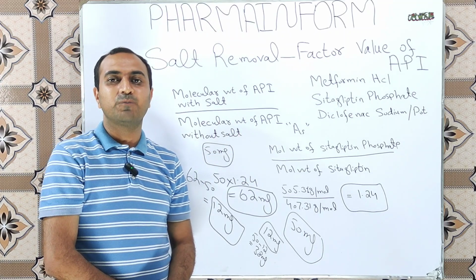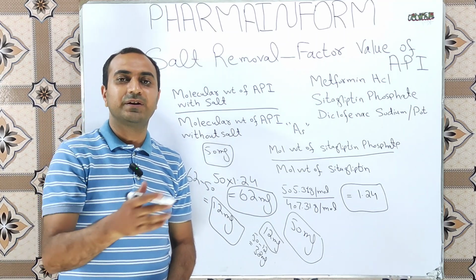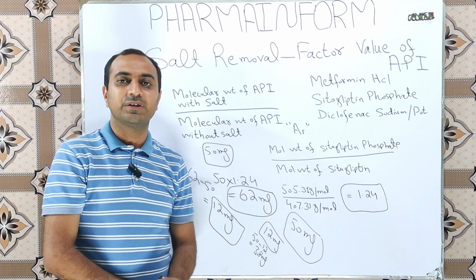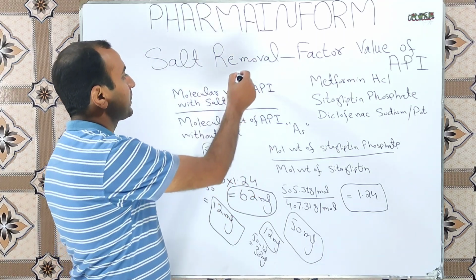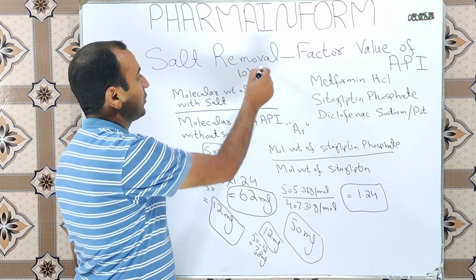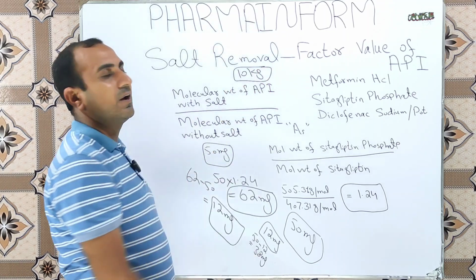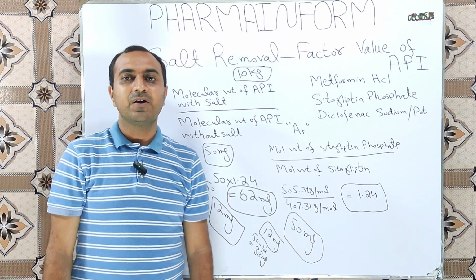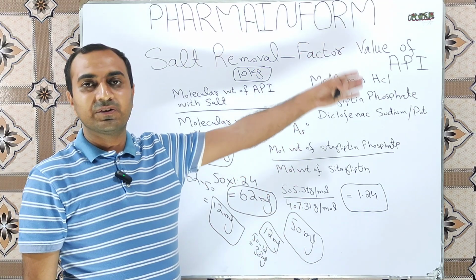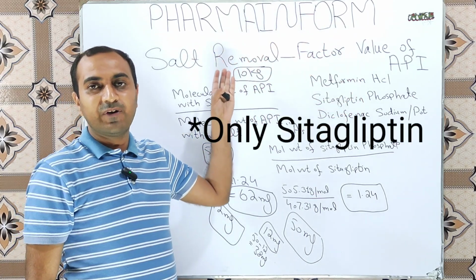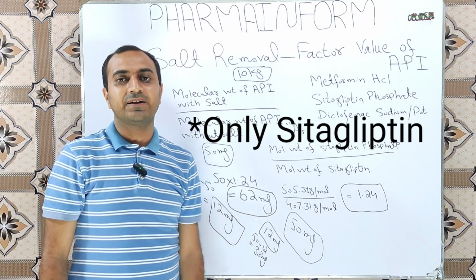Suppose you want to prepare sitagliptin phosphate tablets and you are using 10 kilogram of the active pharmaceutical ingredient. This 10 kilogram is the sitagliptin phosphate, but as we discussed, we need only the sitagliptin for pharmacological activity.